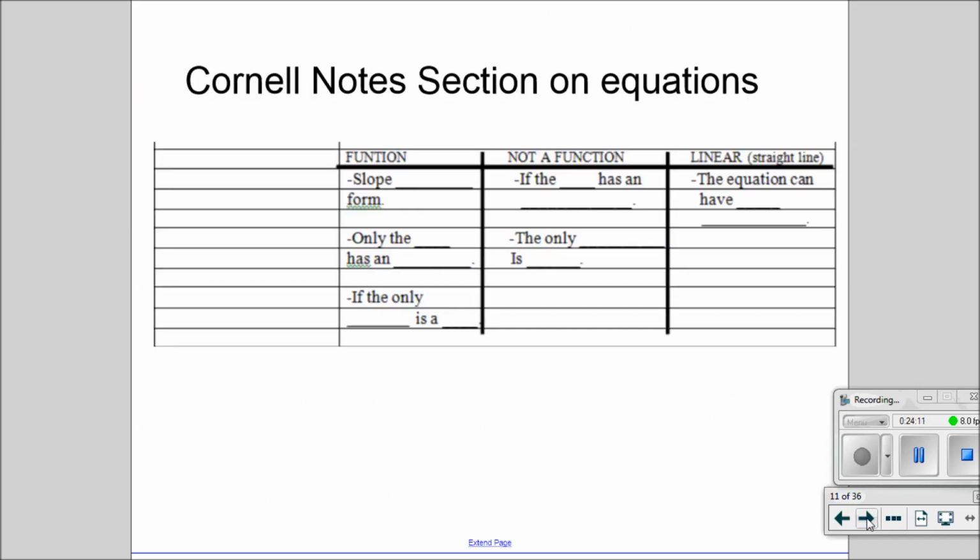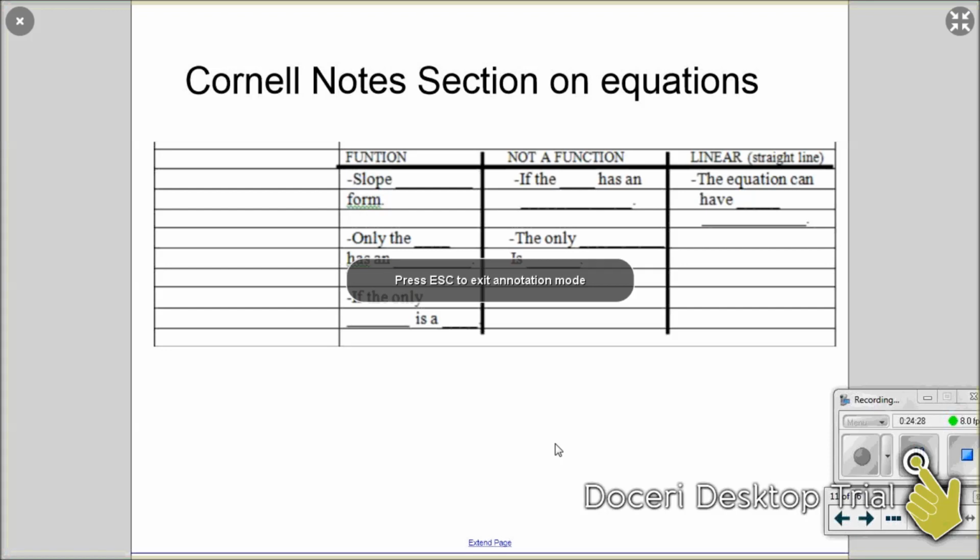You're going to go to your Cornell Notes, so move back over to your Cornell Notes, and I want you to find the section on equations. Again, you should have the question filled in and this 3-column section filled in. I'm going to give you a second to get to there. Okay, so here's what we're going to do.